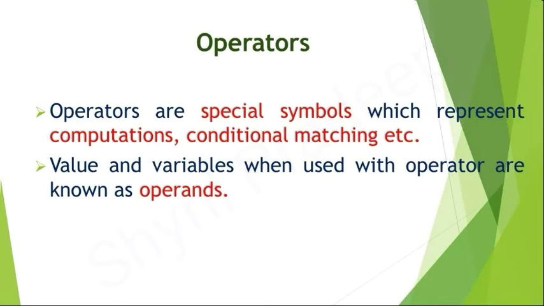For example, see here, these symbols are not used for any calculations. So these types of symbols are called delimiters. But plus, minus, we are using these symbols for calculations. So this type of symbols are called operators. So these operators are special symbols which represent computations and conditional matching.